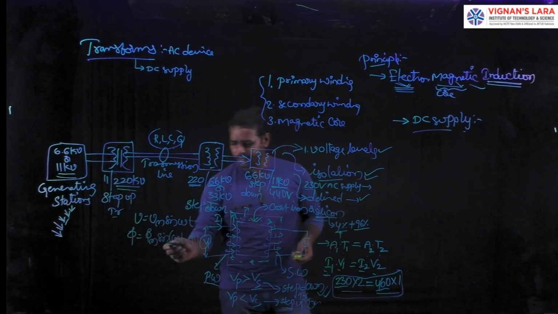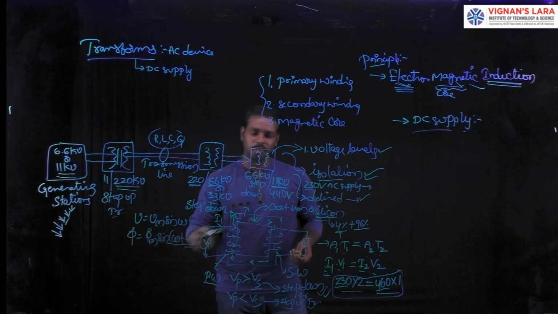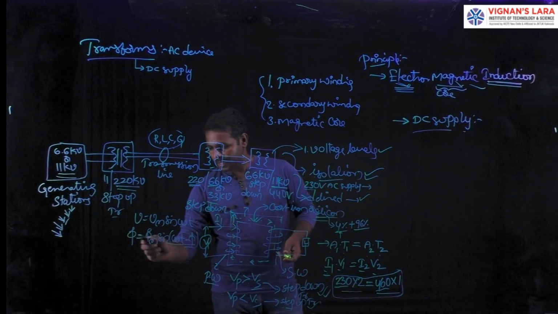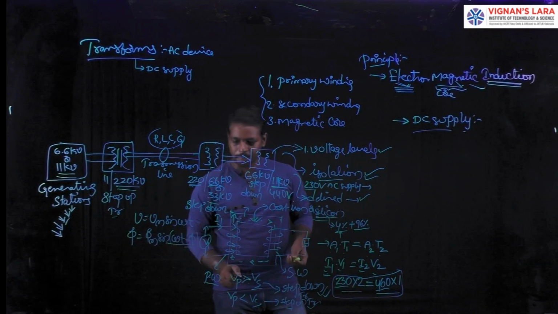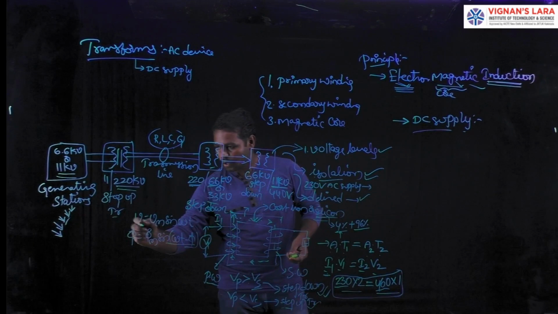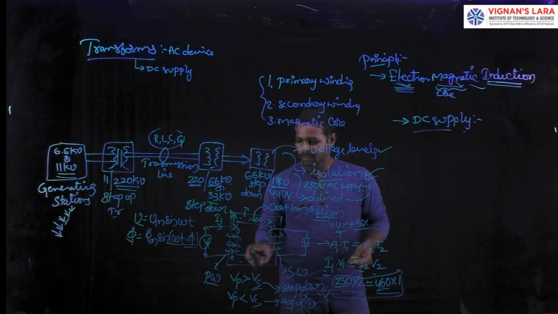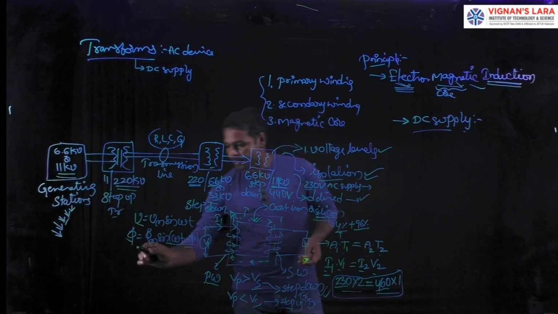Why we write this type of equation, we discussed in the EMF equation of a transformer. So voltage as well as flux are both sinusoidal quantities, that is, time varying quantities.